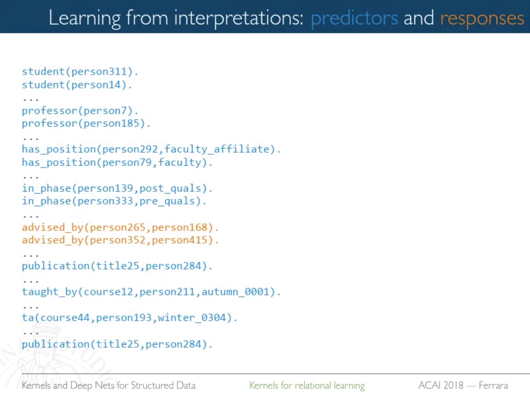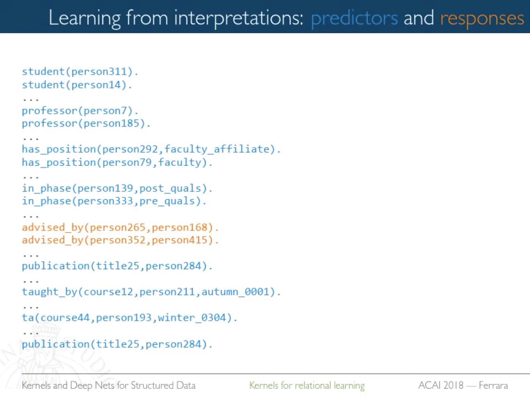That's the data set from Pedro Domingos, except converted into Prolog syntax. This is the list of students, the list of professors with their identifiers, whether, for example, person 292 is a faculty affiliate, and this other one is faculty. This student is post-qualifications, pre-qualifications.